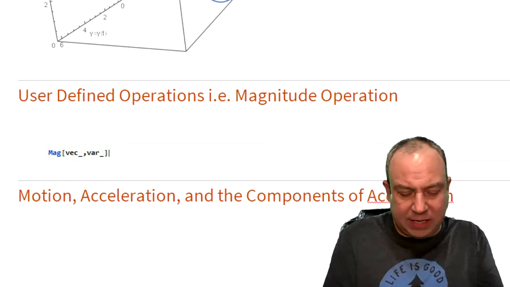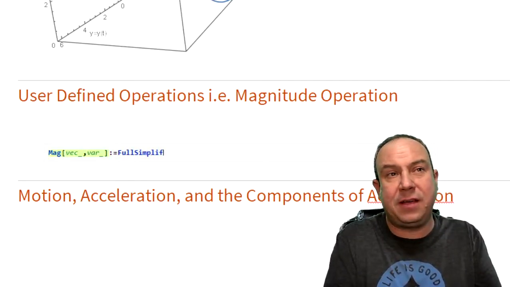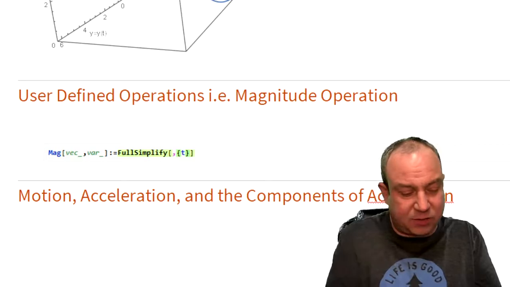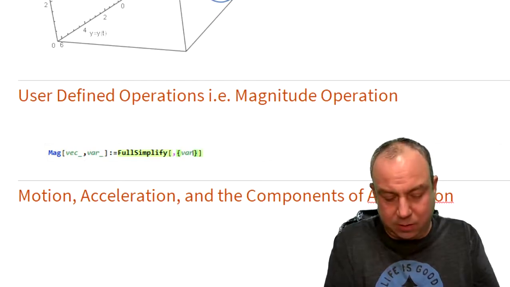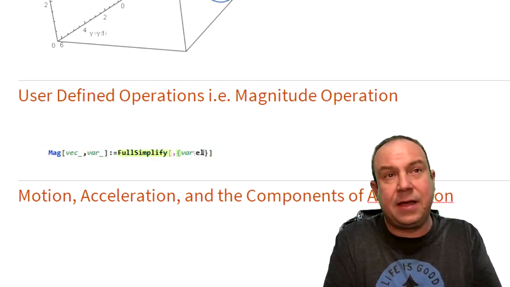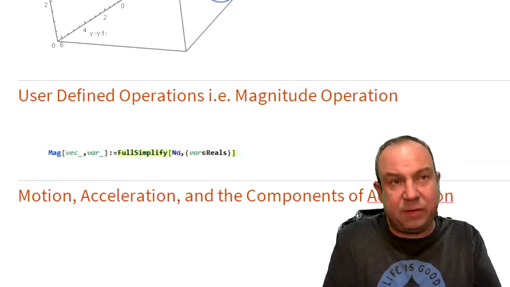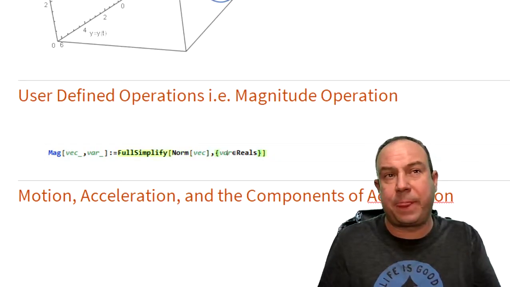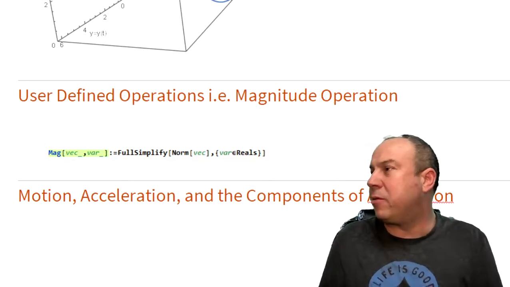And what it is going to do as a function is run a full simplify on a quantity, and we're simplifying so that our variable, be careful there, is an element of the reals, where what we are full simplifying is going to be the norm of the vector that we input. Now that is what we might call a user-defined operation, folks.